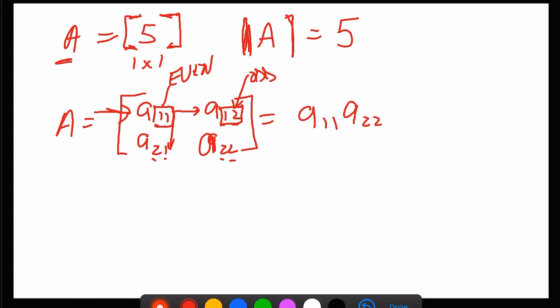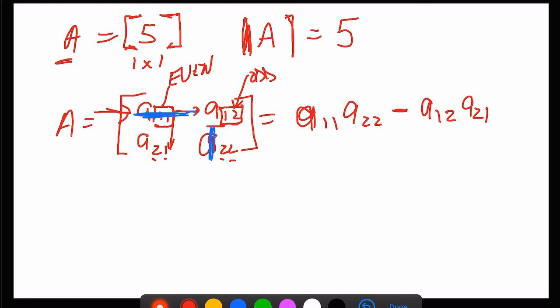If it's even, I'm going to leave the sign just the way it is. I'm just going to leave it like that. When it's odd, I'm going to put a minus sign in front of it. So now I'm going to take A12, and I'm going to eliminate the rest of that row and the rest of that column, and I'm going to write A21 in here.